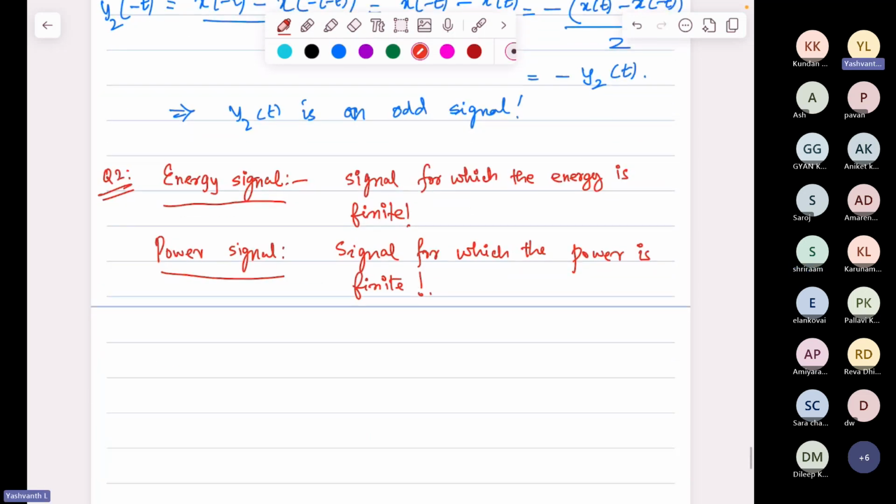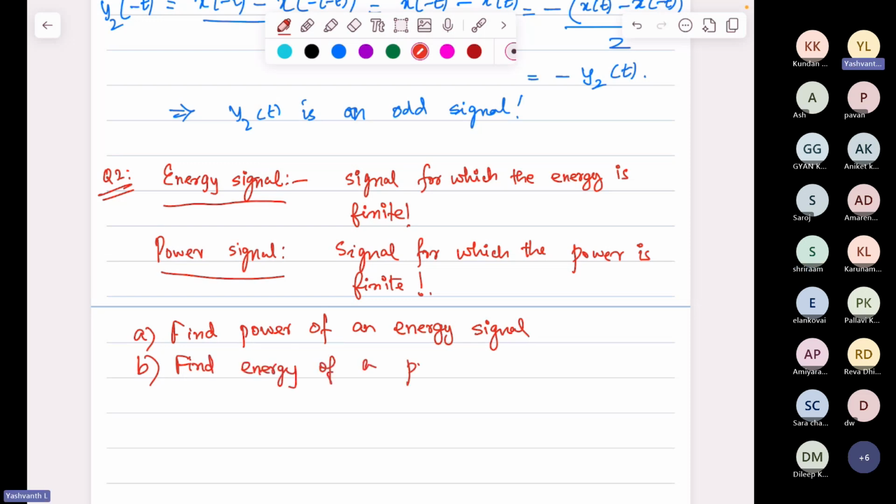Now the question is as follows. Find the power of an energy signal. And the second question is, find the energy of a power signal.